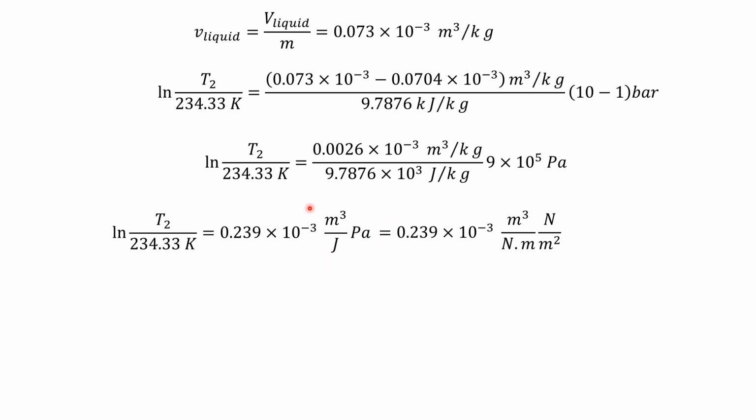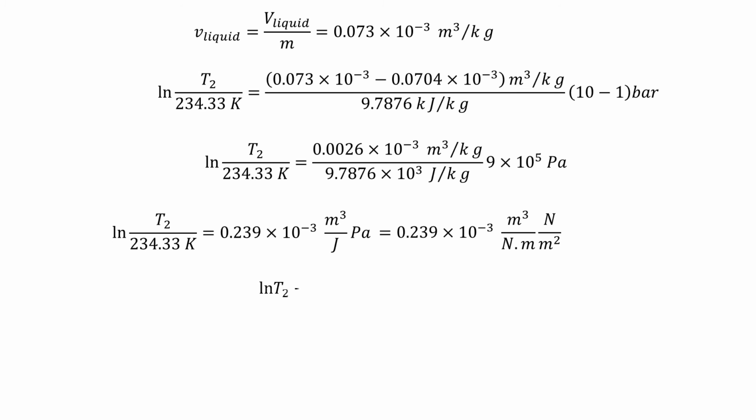It should be unitless, because the left hand side, that is ln T2 by T1, is also dimensionless. Simply expand the units: the unit of Pascal is Newton per meter square, and the unit of Joule is Newton into meter. Everything will get cancelled and it is unitless. So our equation is dimensionally consistent.